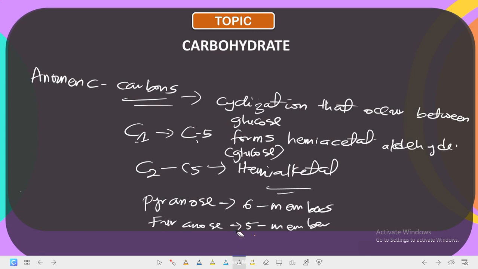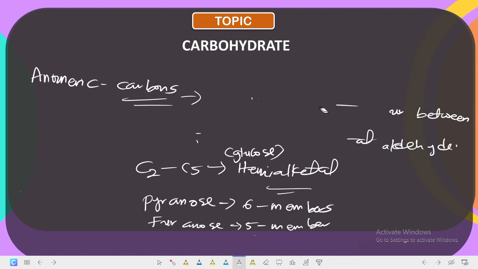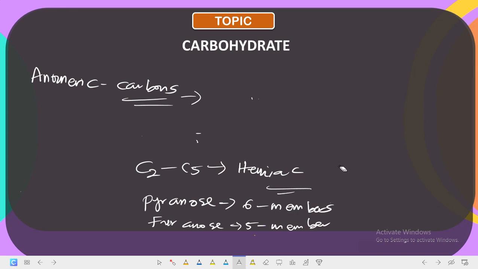So it forms this. Now, this anomeric carbon, that carbon where the cyclization occurs, is what is called the anomeric carbon. For glucose it is C1. Are you getting it? For glucose is what? C1. And then for fructose it is C2.